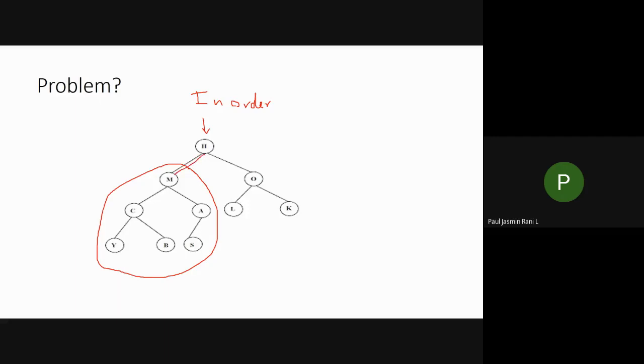When I'm moving into the left subtree, what happens? I have M. I can visit M only after completing all the elements in its left subtree. So now I should not print this one. Again, I have to travel along the left subtree, and I get the C element. Even here, I have to see whether I can print this C or not.